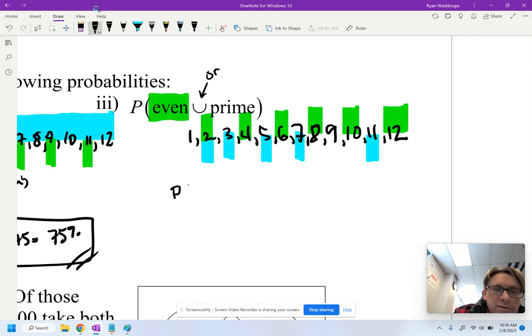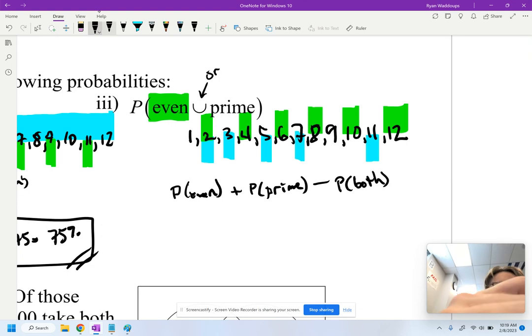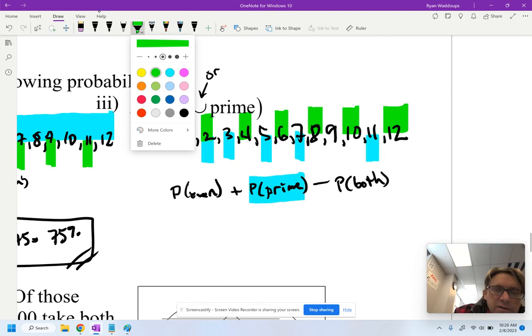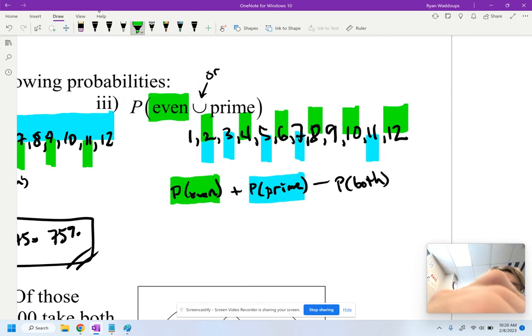So the probability of even plus the probability of prime minus the probability of both of those things. So we've got probability of prime here in blue, the probability of even here in green.